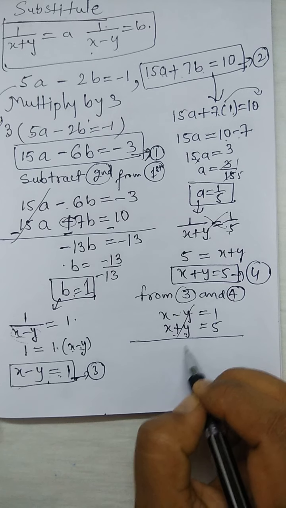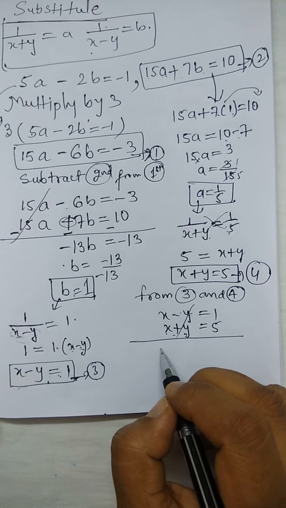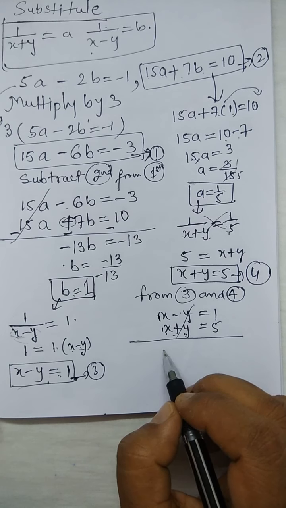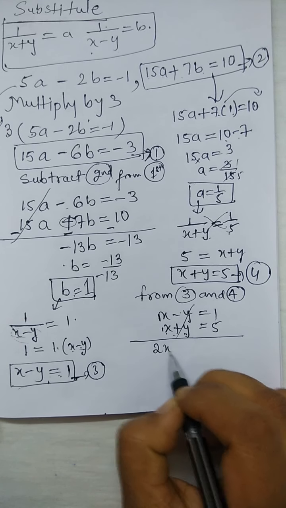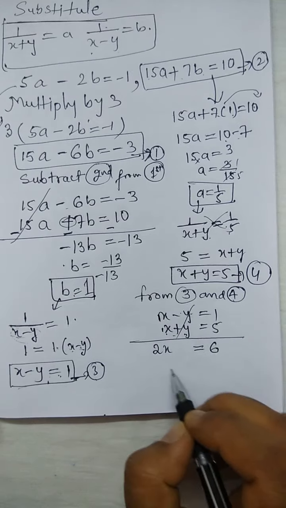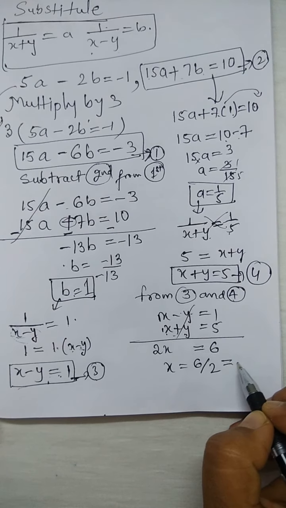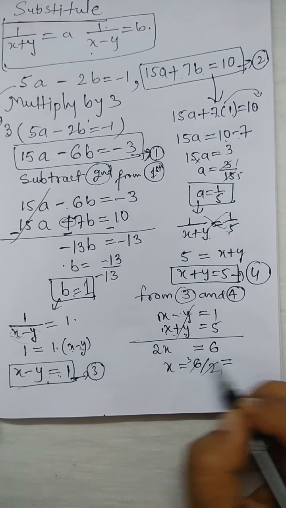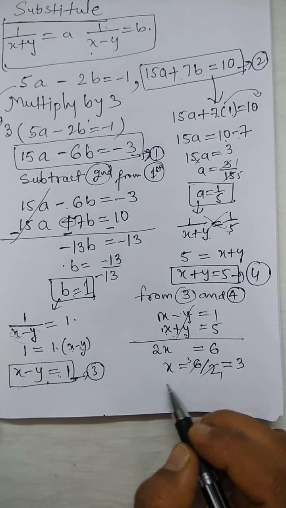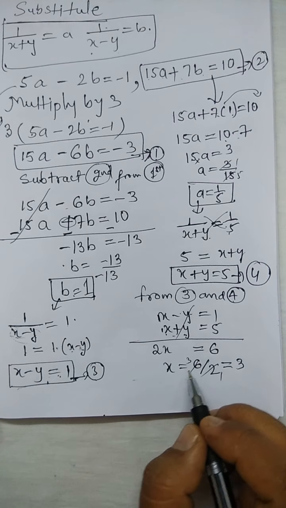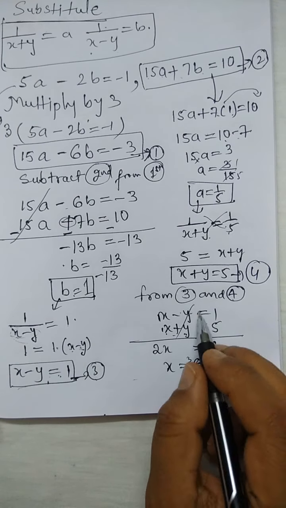So you will get 0 here. x plus x will give you 2x. Remember, where nothing is written, the coefficient is 1. So 1 plus 1, 2x equals 6. x equals 6 upon 2. So 2 threes are 6, x is 3.